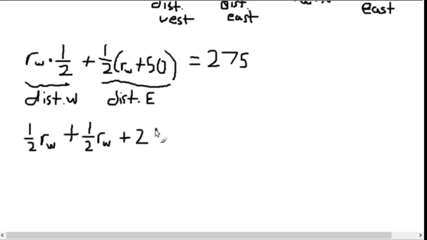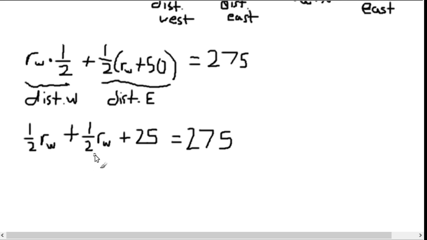Once again, if you think of 50 divided by 2 is 25, then multiplied by the numerator, 25 times 1 gives me 25, equals 275.